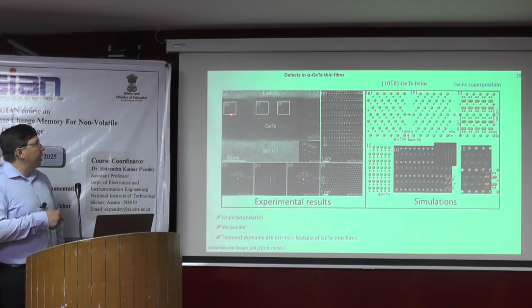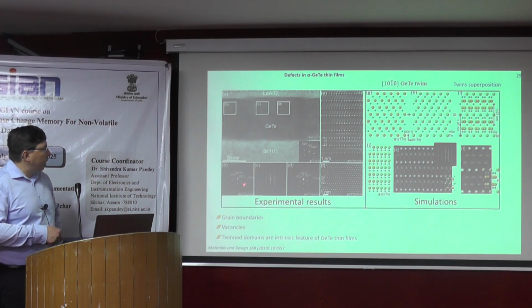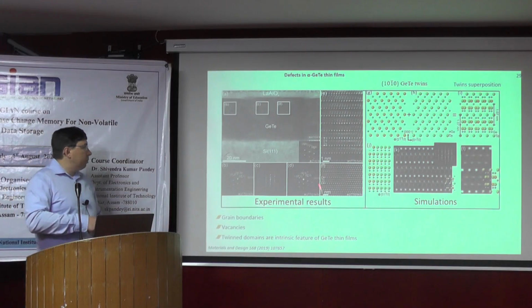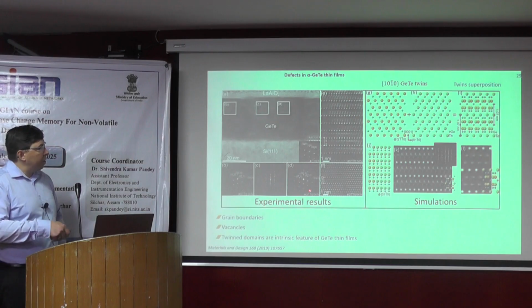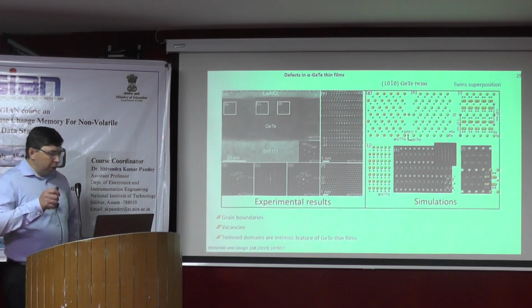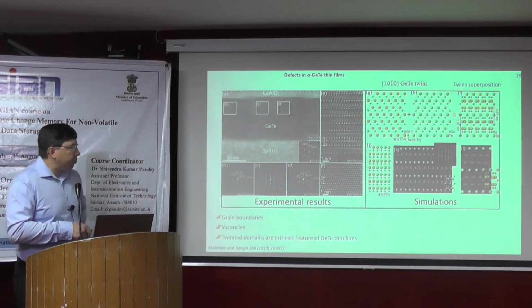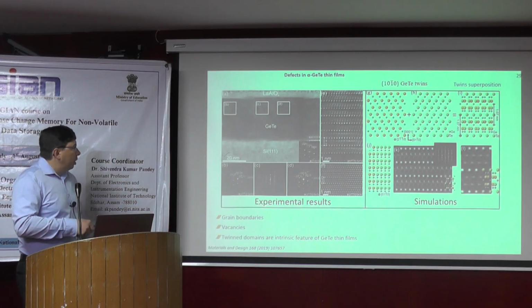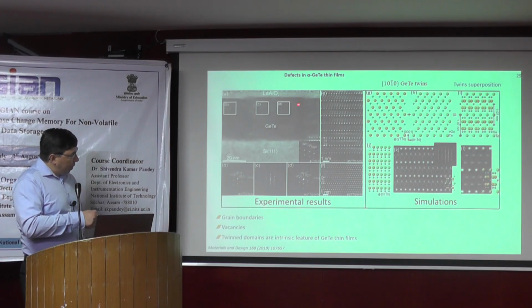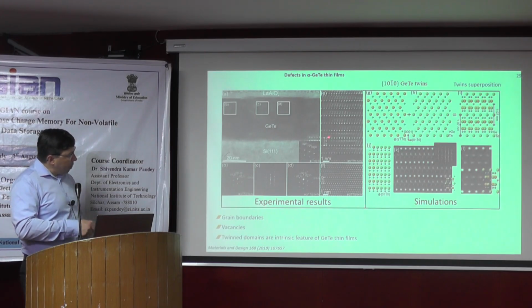You have different areas, B and D, and if you calculate the diffraction pattern, it shows the typical pattern for germanium telluride, so no additional reflections. Here you can identify the trigonal space group structure. But in between you can find some interesting areas which in HRTEM appear like a layer structure.